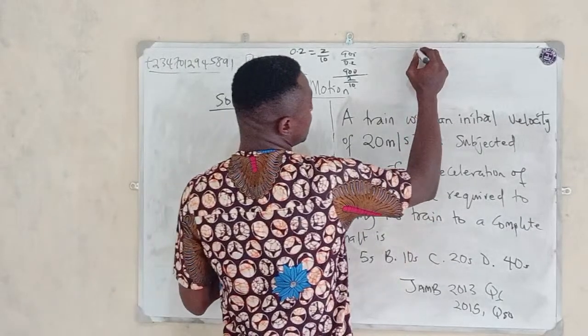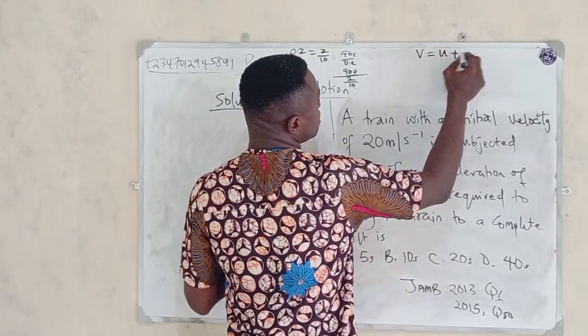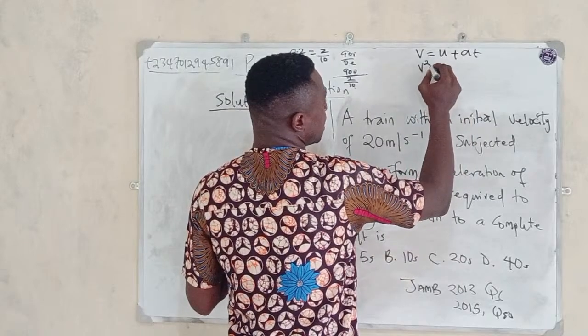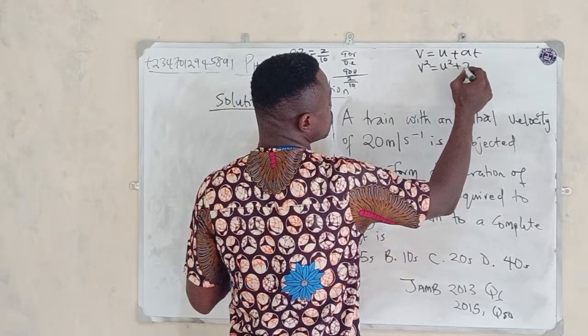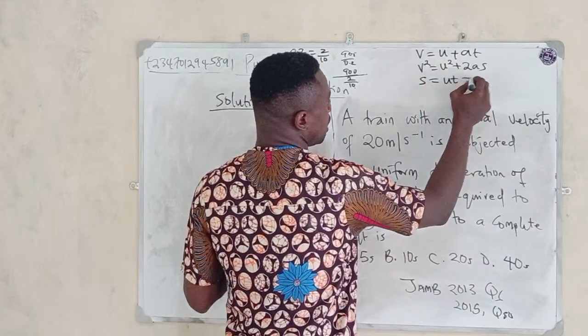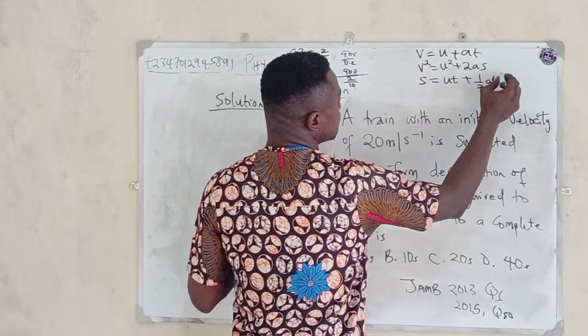We have V is equal to U plus AT. Another one, V squared is equal to U squared plus 2AS. Another one, S is equal to UT plus half AT squared.